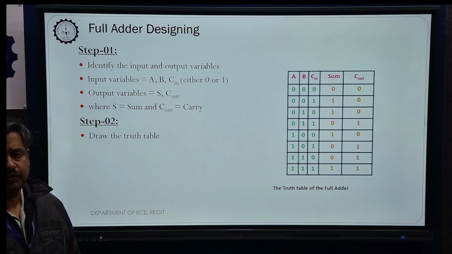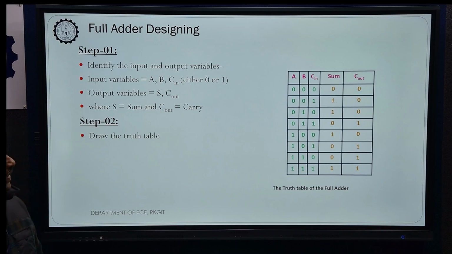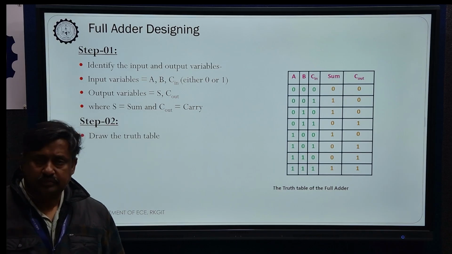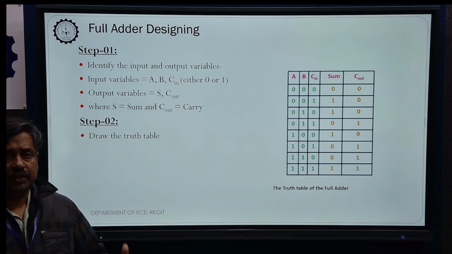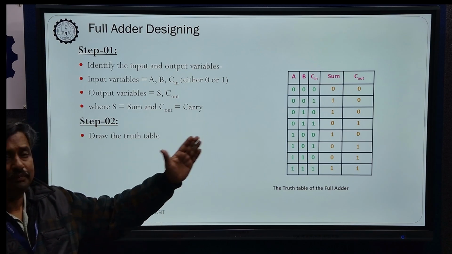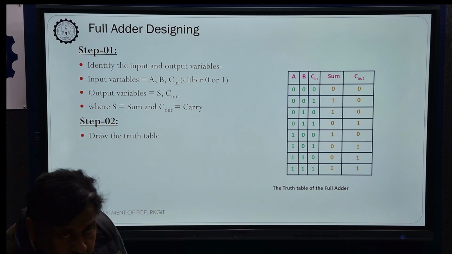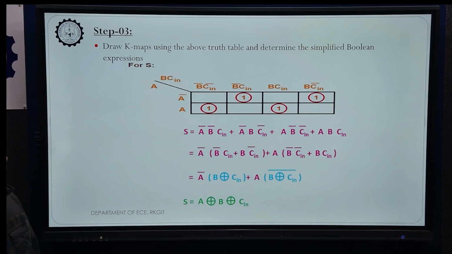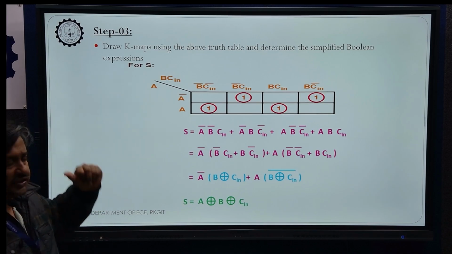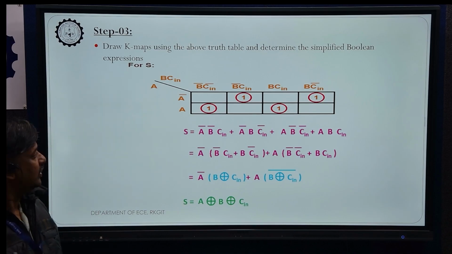Now comes the next step, designing, that is obtaining the Boolean output equations for sum and carry out. This is step 3: draw the K-map using the above truth table and determine the simplified Boolean expressions. This is the K-map for sum.